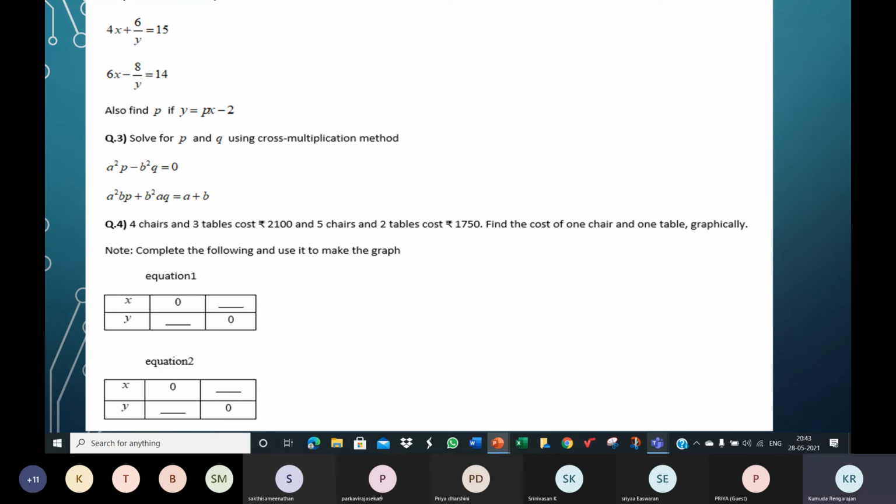If X is equal to 0, Y is equal to 700. For the first equation, is it? Yes, ma'am. When X is 0, Y is 700. Very good. And when Y is 0, X is? It's coming in fraction.